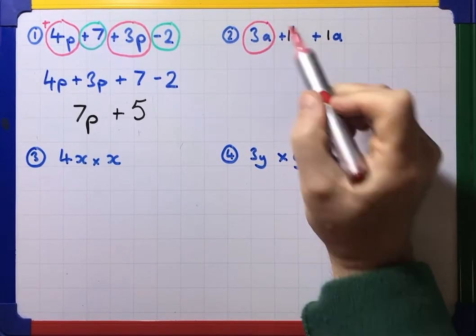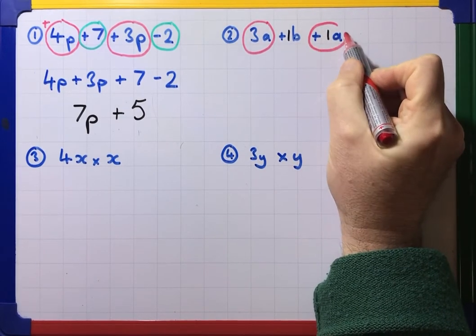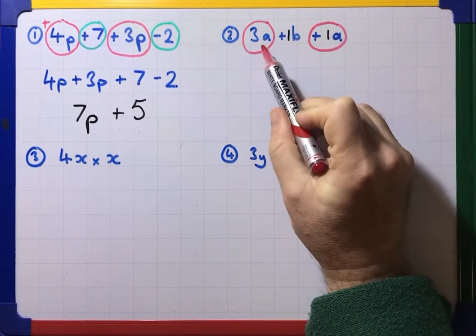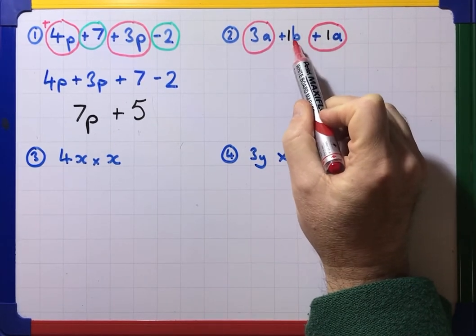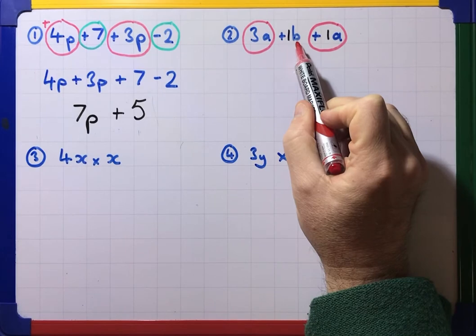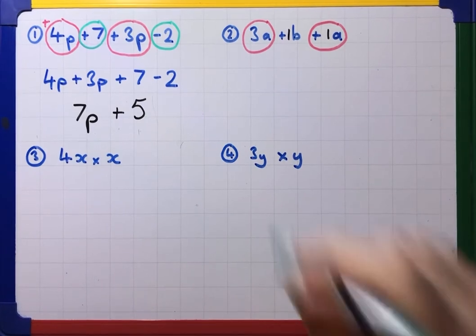It's the bit that's got A in it. This bit also has A in it. So when we're adding or subtracting, we can combine these two bits, but I can't add on that bit because it's a different term. It's a B term, isn't it, that one? So that one would be separate.